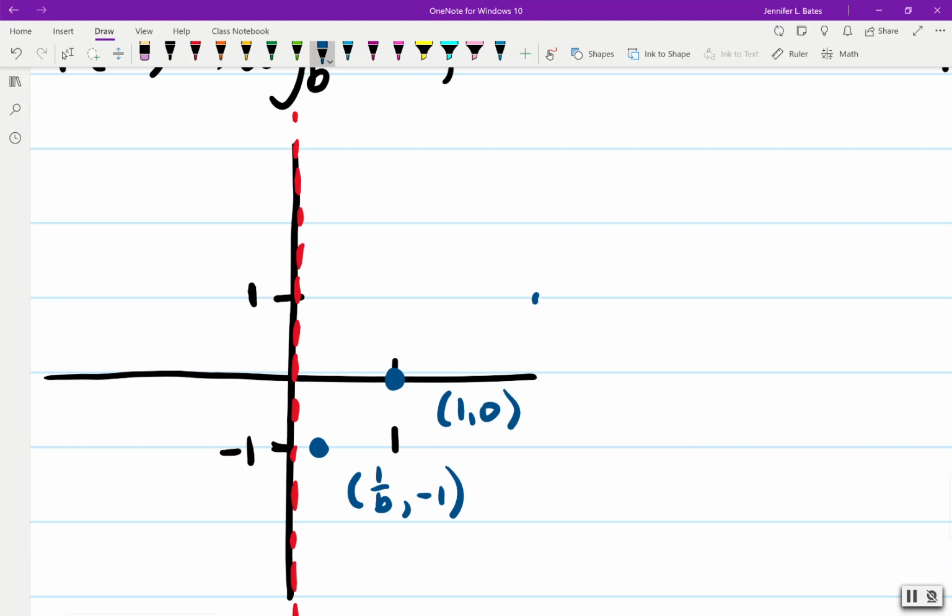And (b, 1) is going to be somewhere up here. We're going to draw this like the rounded edge of a corner of a piece of paper. It's going to look like this.